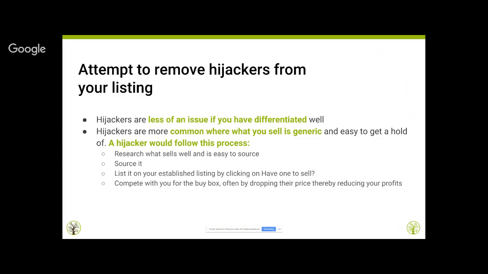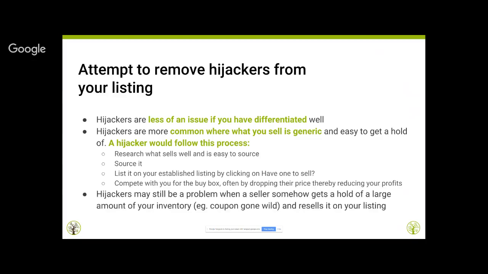And then they look at seller account health and a whole lot of other metrics. So that's how it works. It's not just price, but price being such a big determinant, the hijacker is going to lower their listing price, and you're probably going to reciprocate, and then it ends up in a price war. So no one makes any profit.